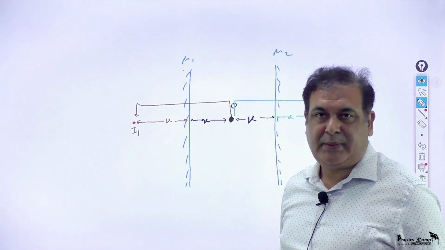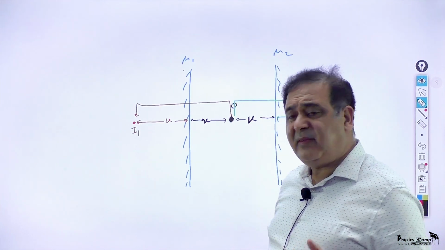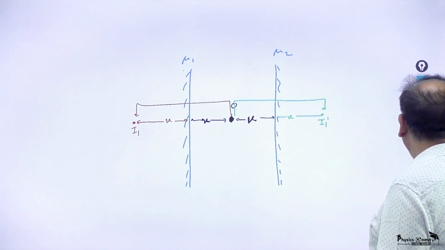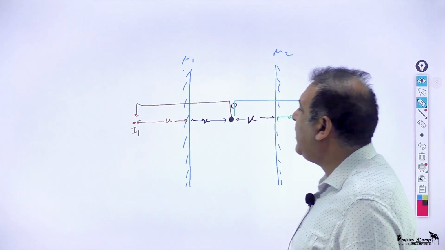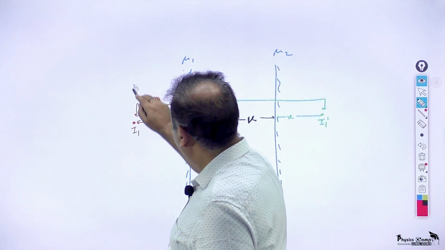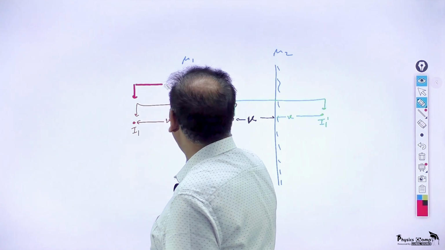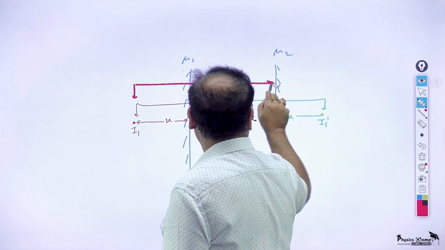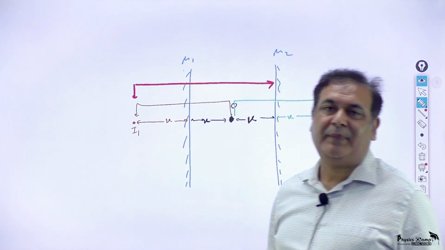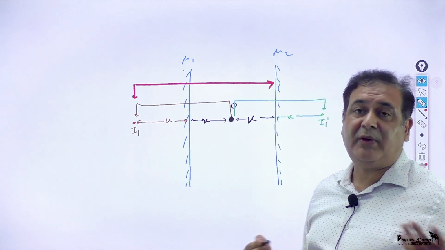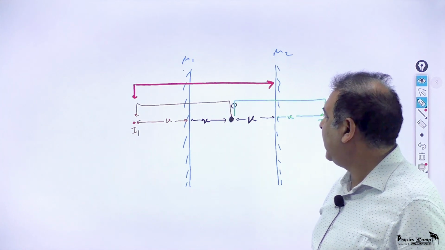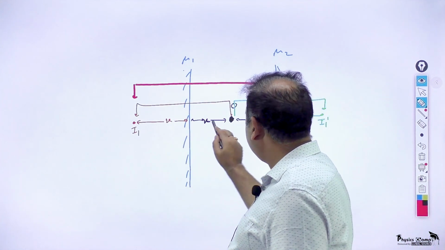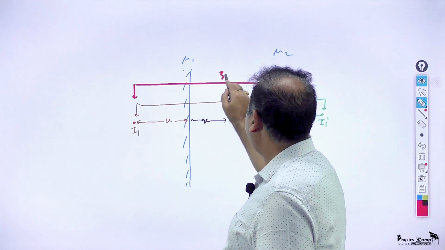Now what? Now I can say that this I1 over here is acting as an object for mirror M2, although it's a virtual object. And this object is at a distance x, x and x, at a distance 3x.